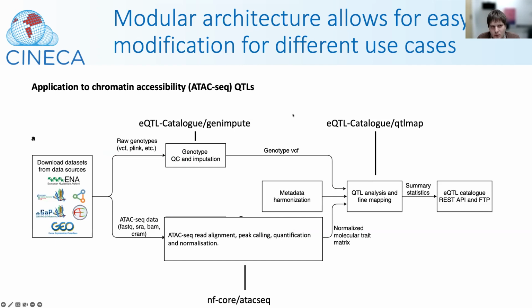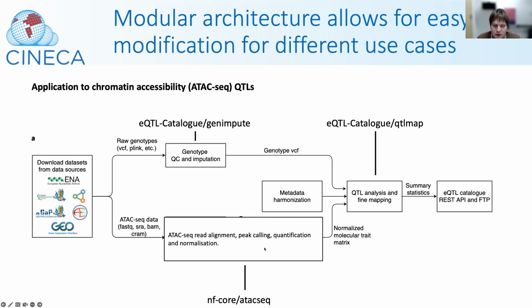So what is the value of this modular architecture? The main thing is that it's really easy to reuse these workflows in, for example, a different domain. So if instead of gene expression, we want to analyze chromatin accessibility, we can follow basically the same model where we get the raw data from different repositories. We reuse the genotype imputation part because that stays the same.